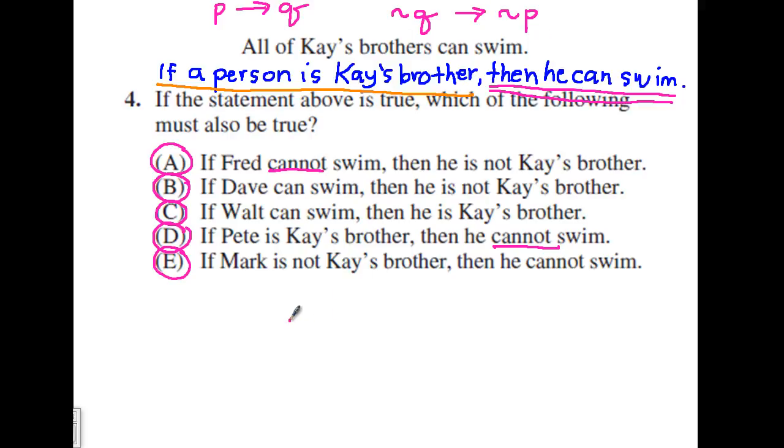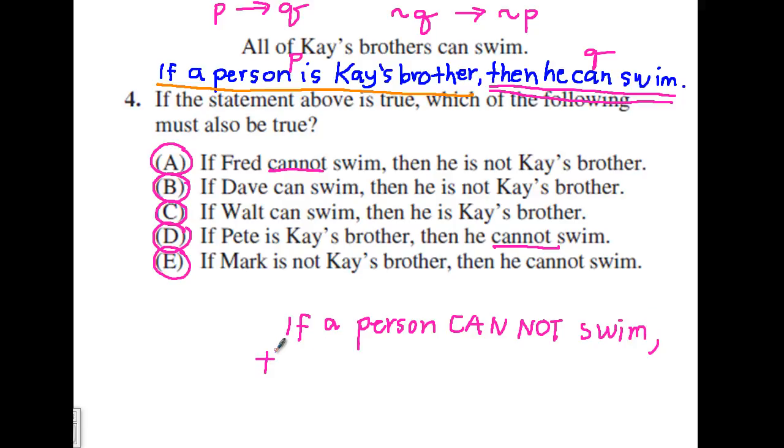That is equivalent to saying, we are going to get the negation of the conclusion, which is our Q here, and this is our P. Not Q is: if a person, the negation of can swim is cannot swim, then we are going to get the negation of P. So P is the person is K's brother.